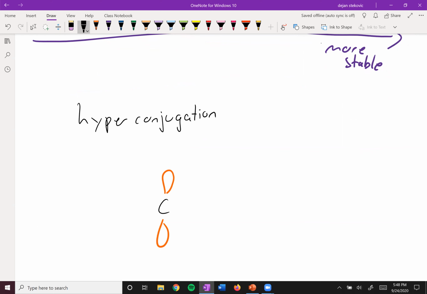That's our carbocation. And then if we think about its bond to a hydrogen, that's going to be a sigma bond here. And so that's not really going to help out our empty p orbital whatsoever.